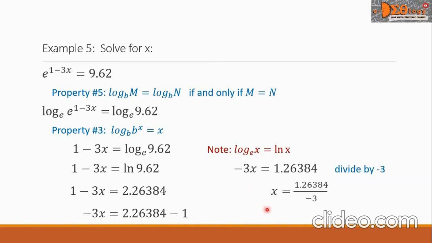So we have x equals 1.26384 divided by the negative 3. And we can now simplify this into negative 0.42128. And this is the value of x that we are looking for. This is our final answer.